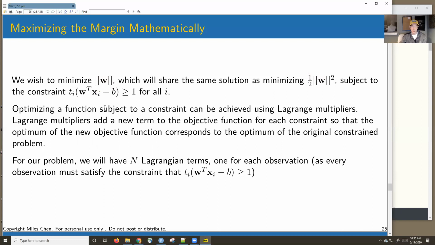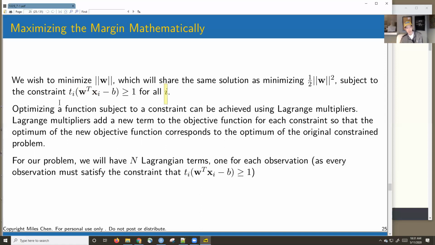And it's subject to this constraint, where the class label multiplied by the vector that defines the hyperplane, multiplied by this, is greater than or equal to 1, and that has to be the case for every single observation, right?